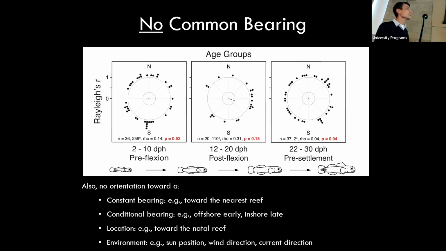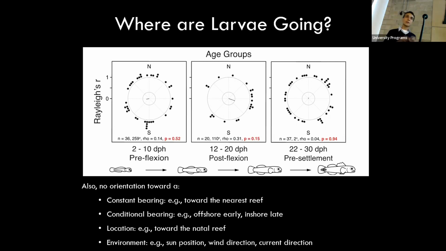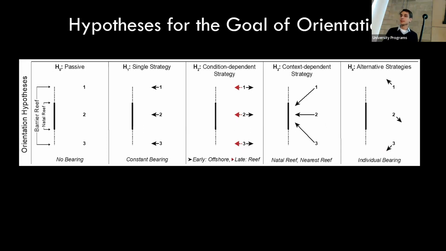So these larvae aren't sharing a common strategy, right? We looked at all of these different hypotheses and found they're not following a constant bearing, a conditional bearing, swimming towards the same location or towards any environmental cue that we could test. So kind of frustratingly, this question of where larvae are going still remains, and it's going to take a bit of additional work to figure out.